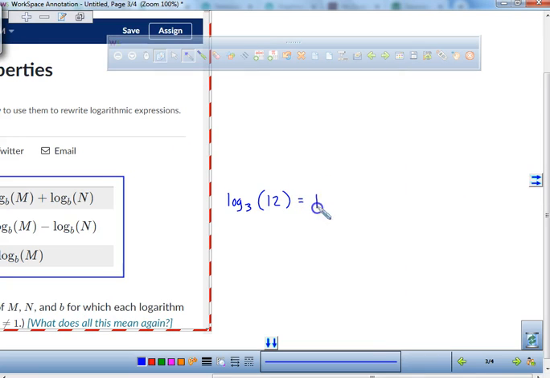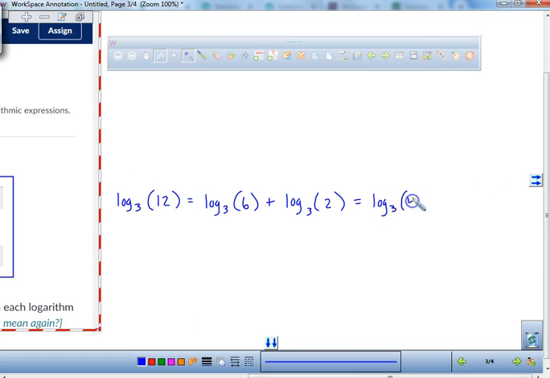So for example, I could say log base 3 of 6 plus log base 3 of 2. So I could do that. I could also break it down differently. I could say log base 3 of 4 plus log base 3 of 3. Because 4 times 3 is 12, and 6 times 2 is 12.